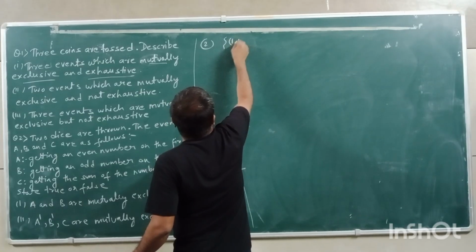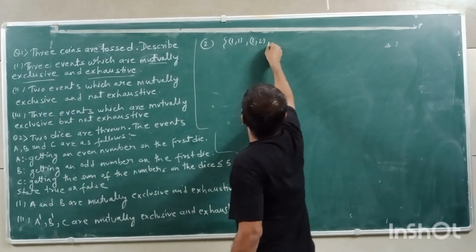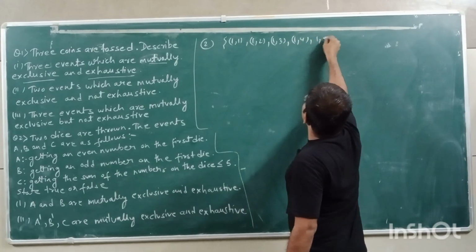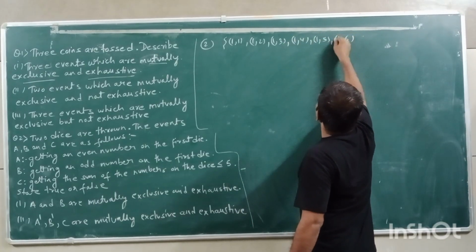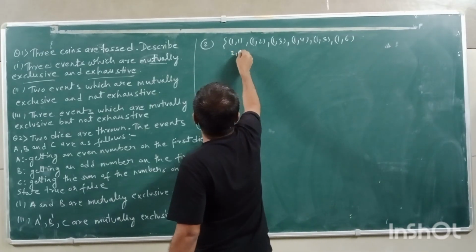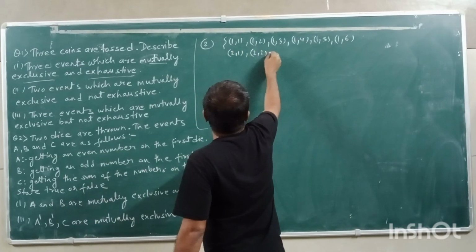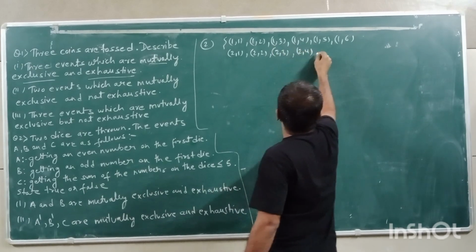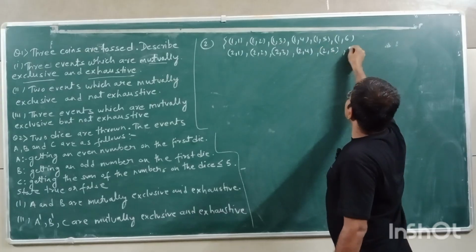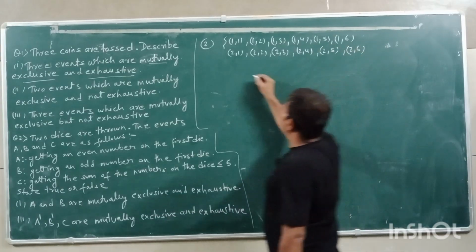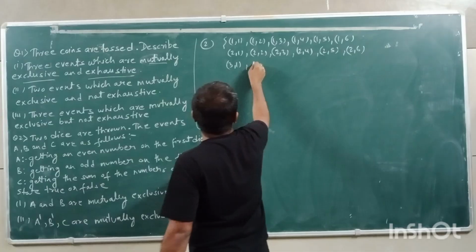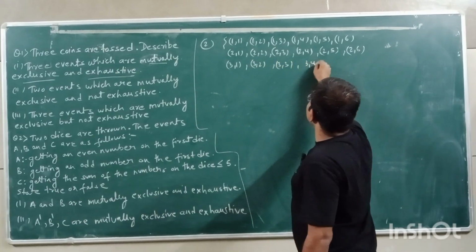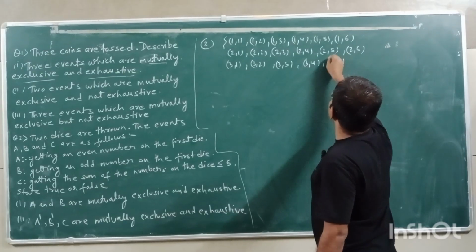How you will write: 1 1, 1 2, 1 3, 1 4, 1 5, 1 6, then 2 1, 2 2, 2 3, 2 4, 2 5, 2 6, then 3 1, 3 2, 3 3, 3 4, 3 5, 3 6.